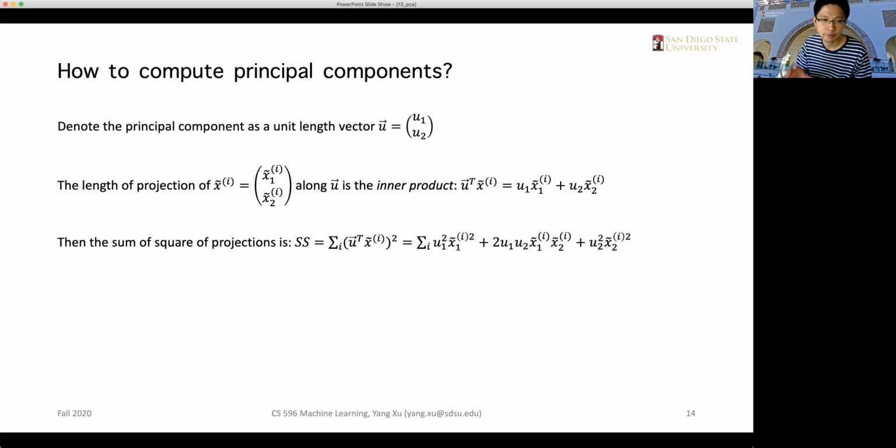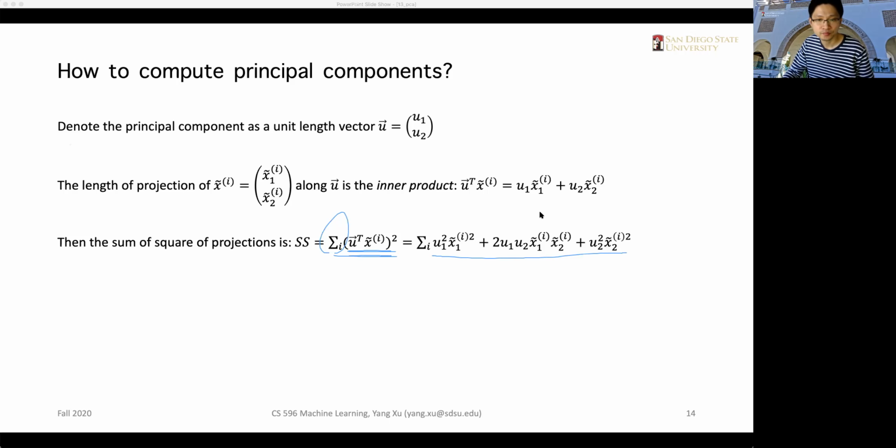So the sum of the squares of the projections is described by this equation. We just need to sum up the squares of all the projections across all data points, right? If we expand this inner product term, it will give us such an expansion.